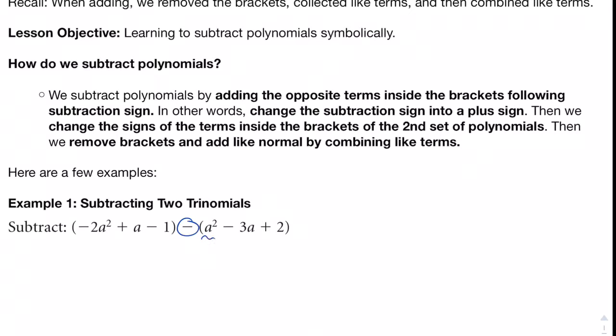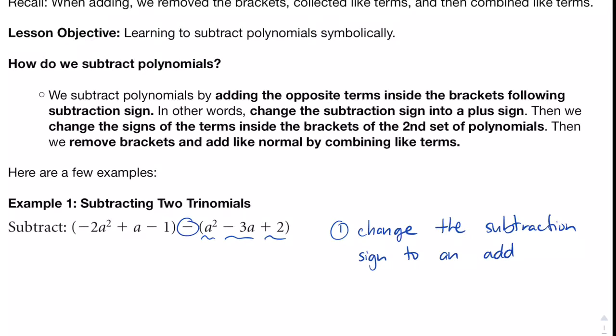And then we change all the terms here, change their signs. So the first step is we change the subtraction sign to an addition sign.